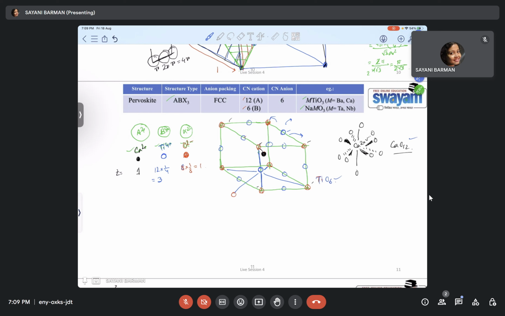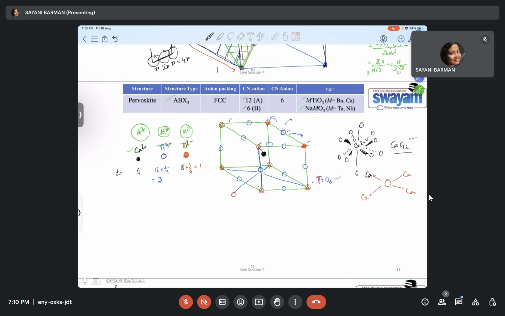And now the coordination number of the anion. Let's take this one only. If it is this, then I have already told you that this can be shared with four lattices. So there are four Ca2+ already, with Ca2+ at the center.